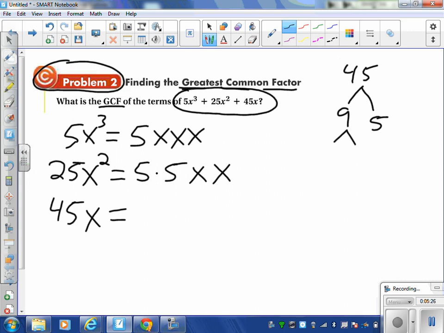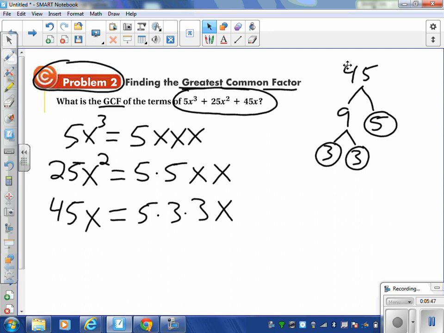But I can break down 9 a little bit further into 3 times 3. So I'm going to use these three numbers in my factoring. So I'm going to get 5 times 3 times 3, and then I'm going to put x with that.